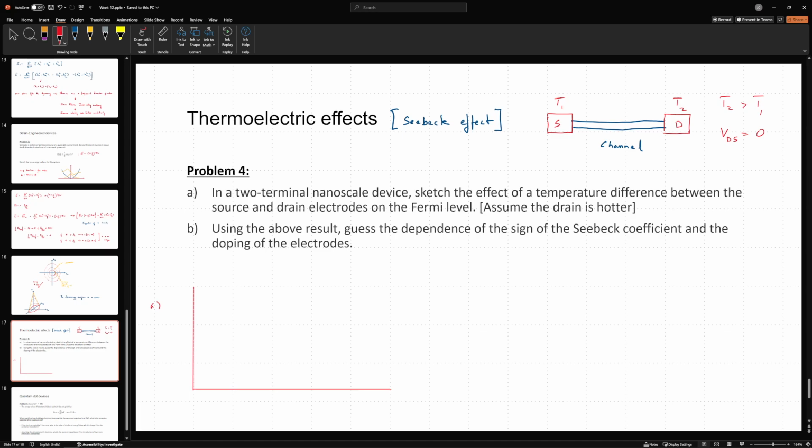Now, if both of them have the same temperature, I will have the same overlapping Fermi distributions. So let this be the source Fermi distribution, and let me put EF to be kind of here at the halfway point.